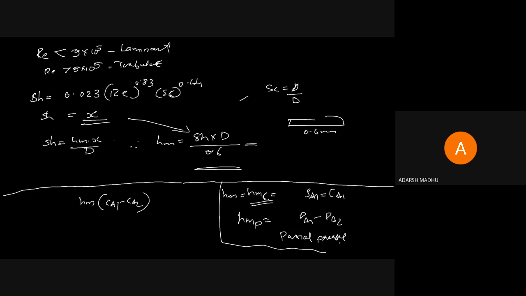When we discussed the mass transfer coefficient in relation to the concentration gradient, CA1 minus CA2 or rho A1 minus rho A2, we take the hmc value.